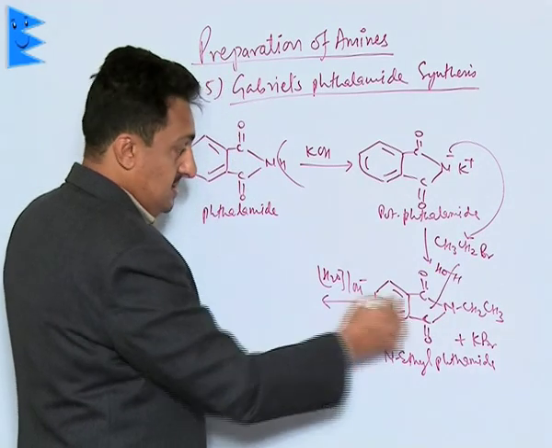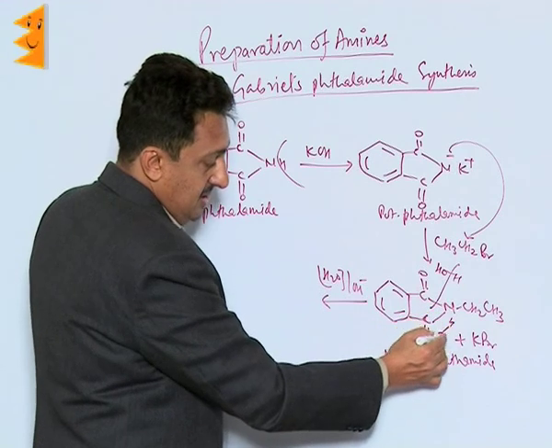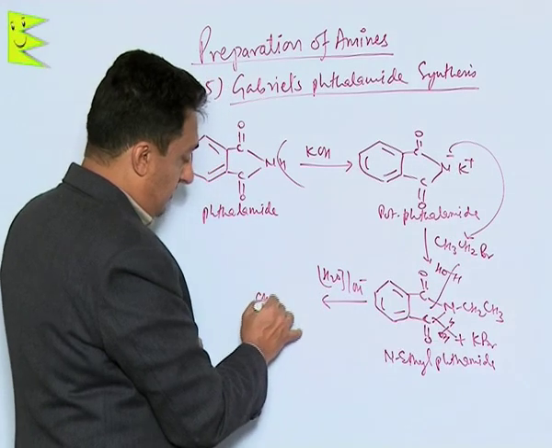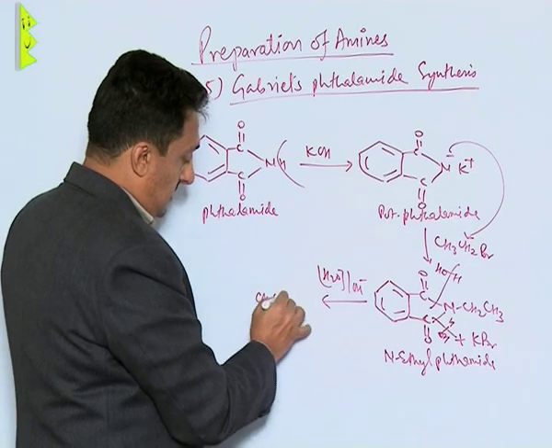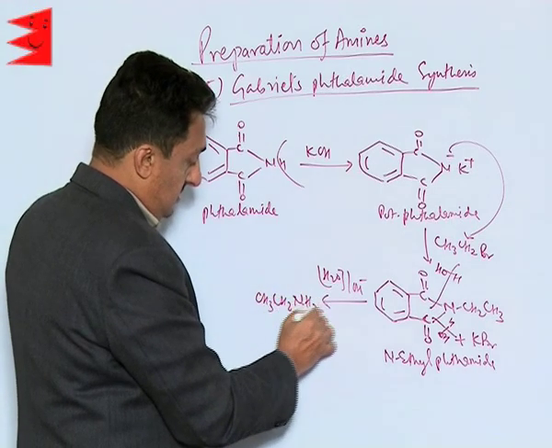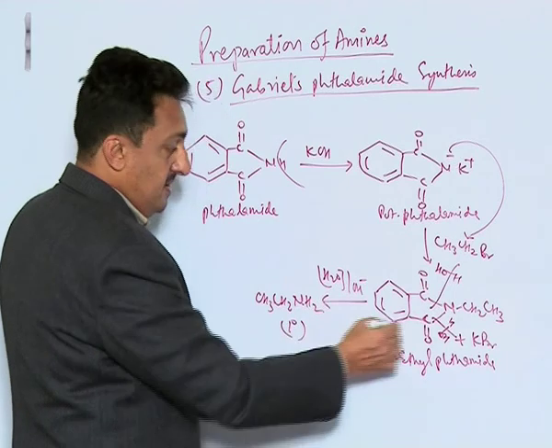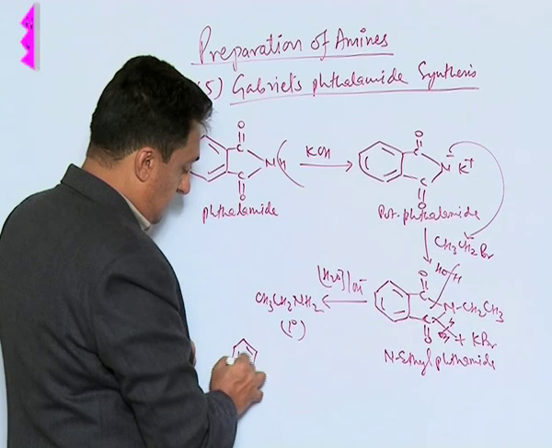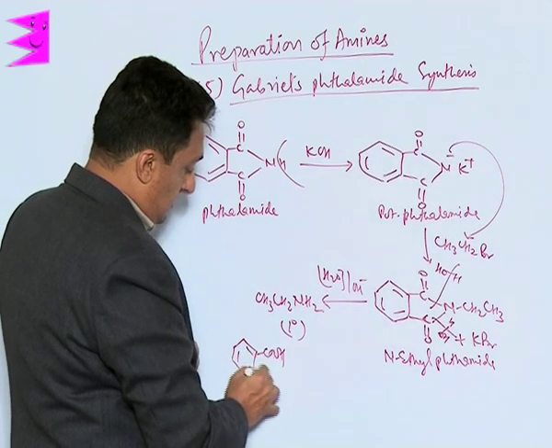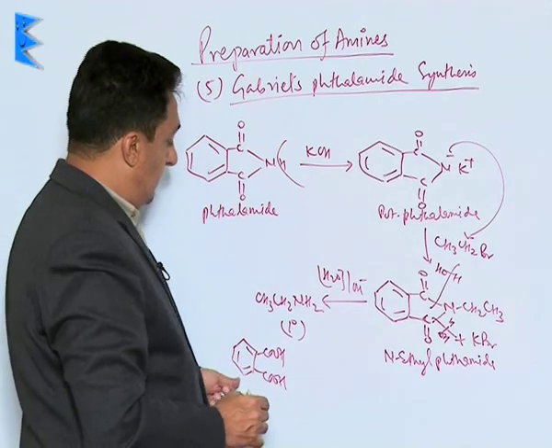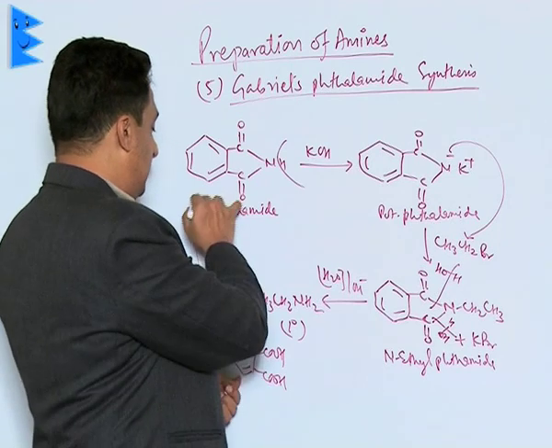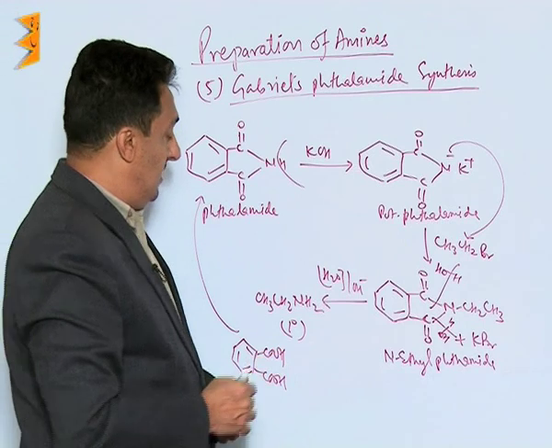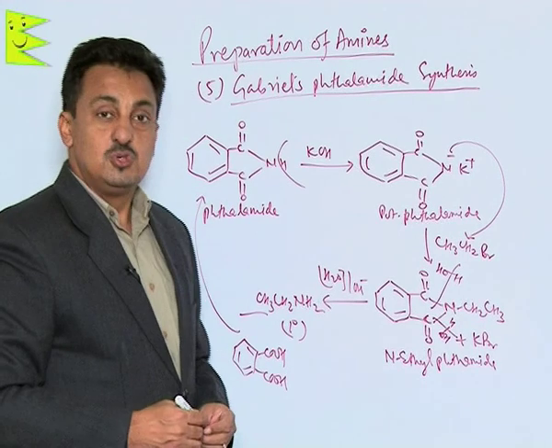What we get is here also like this. So H and H goes here. So it will give us our preferred primary amine. And what we get out of this is this phthalic acid. This phthalic acid is actually recycled back to give you the phthalimide, and this is how we can prepare the primary amines of our own choice.